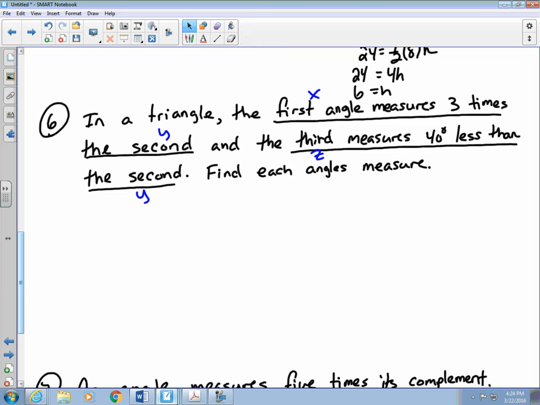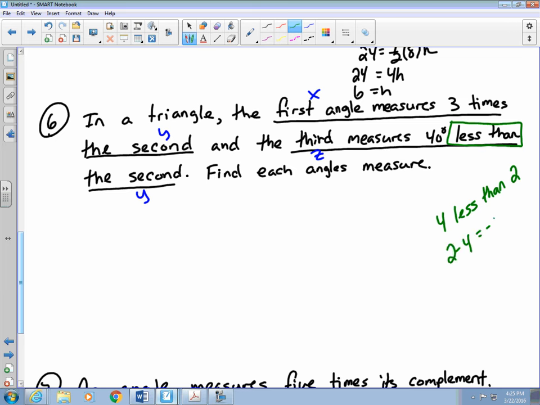Also with this one, I want to point out on the test, they usually use "less than" to trick you with subtraction, as the order will flip as you read it. So if I say 4 is less than 2, what is 4 less than 2? Then you have to take 2 minus 4. In other words, you have to flip the order.